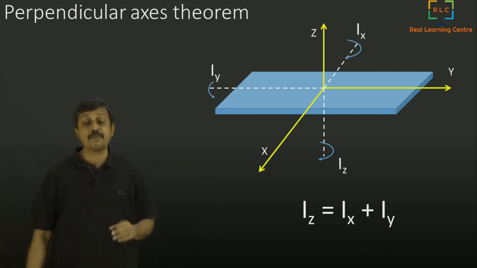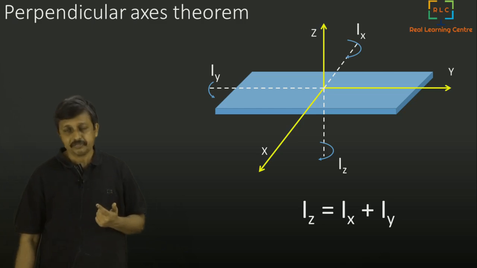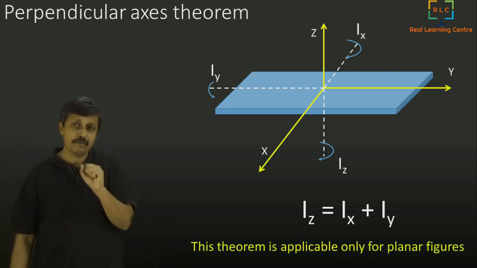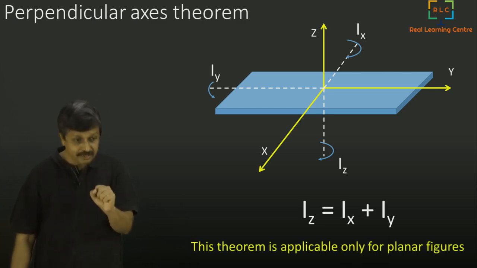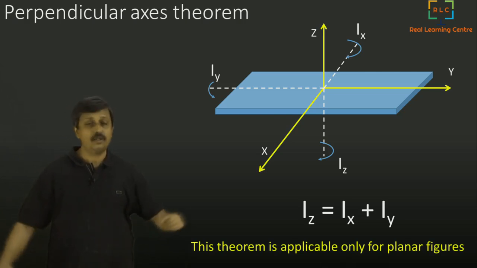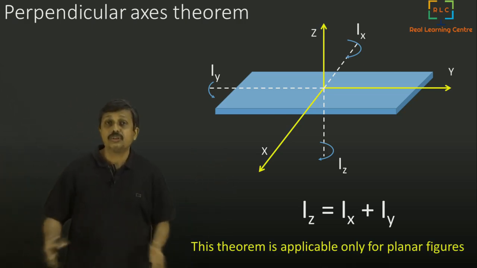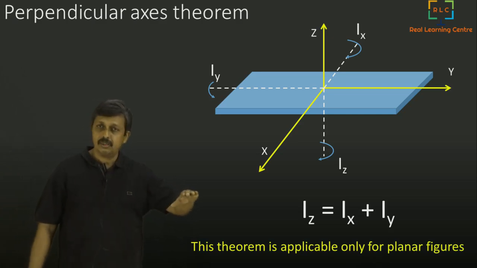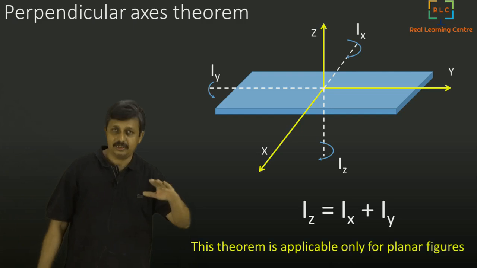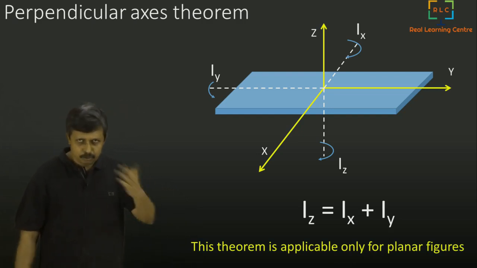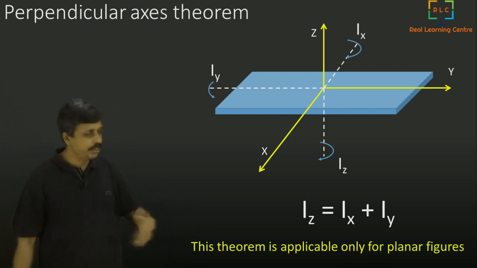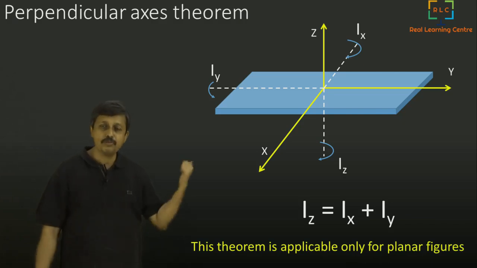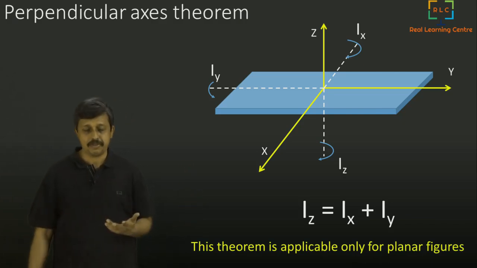That is the perpendicular axis theorem. However, please understand this theorem is applicable only for planar figures. You can't take a huge cylinder and use the same theorem on that. It has to be a planar object, then only this works. There is a proof for that. I'm not going into the details of the proof, but this will be useful for solving some problems.